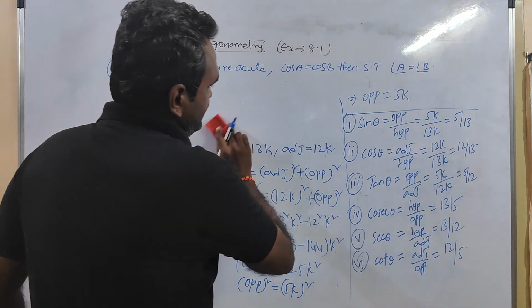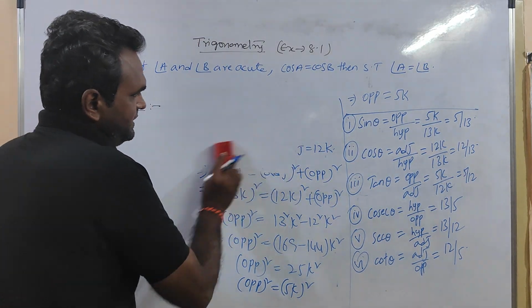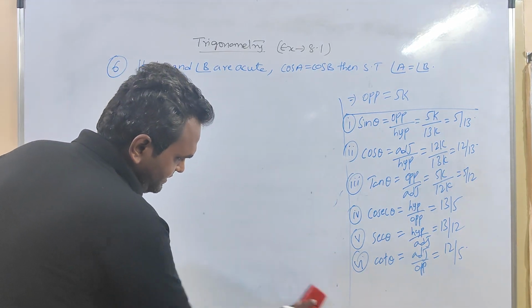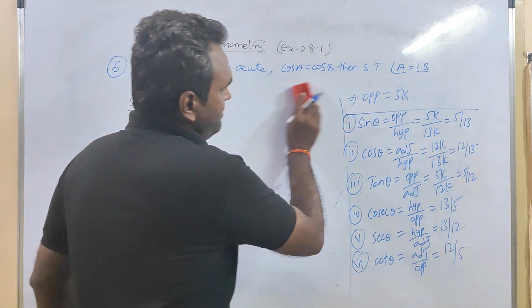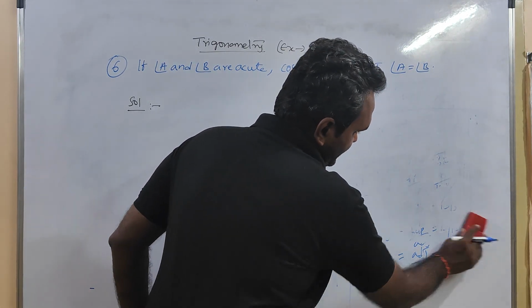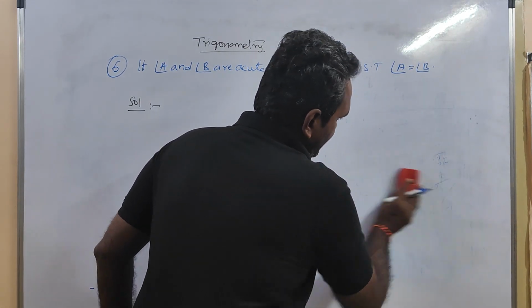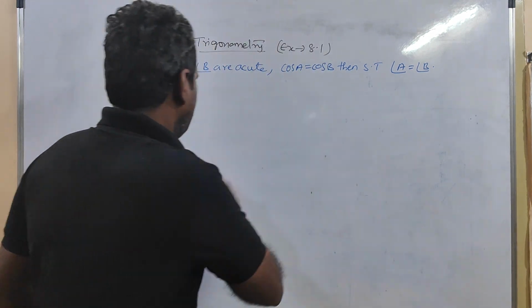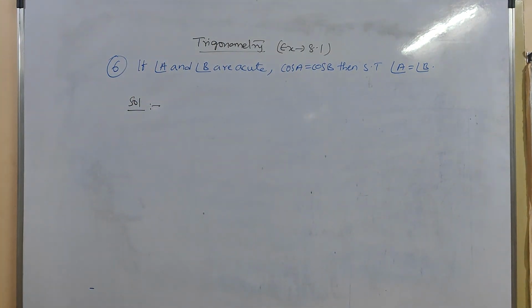Every time whenever a question is given, please read the question once or twice. Why? Because you have to know what is given in the question, and after that you have to know the logic of how to perform it. After that, it is simple calculation only to get the answer. That is the reason I am telling you many times, please read the question carefully.